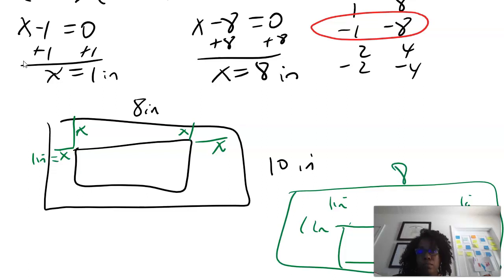The answer would be yeah. All right, cool, that works out because that 1 inch fits in the dimensions.